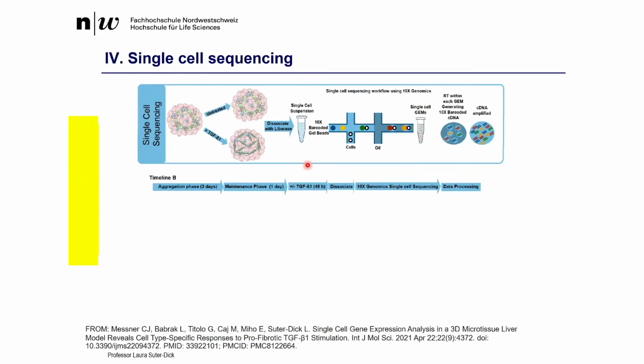And last but not least, and this is something that you will not be able to infer from the video that we're going to show with the practical part. It is possible, but relatively technically challenging, to generate data using single cell sequencing.